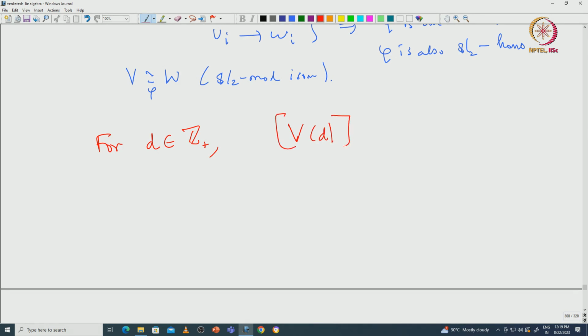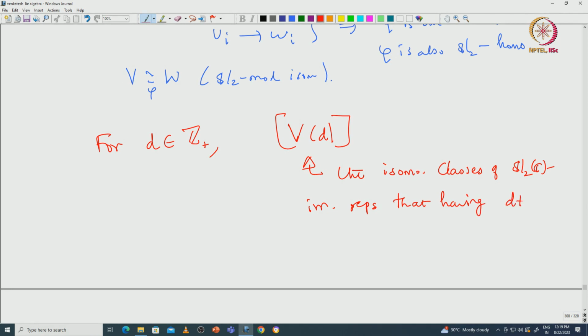So, that will be the isomorphism class of SL2C irreducible representations having D plus 1 dimension.